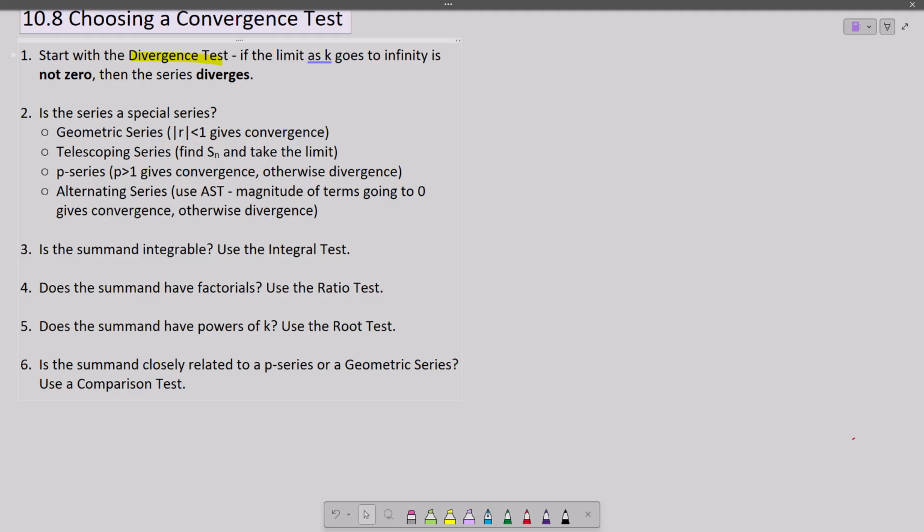P series, so let me just write down the geometric series is the one that, so geometric series, you usually see the standard form as a r to the k. And then the p series is the one that it's very easy to confuse it with. Here the k is in the denominator, and the p is the power on that k.